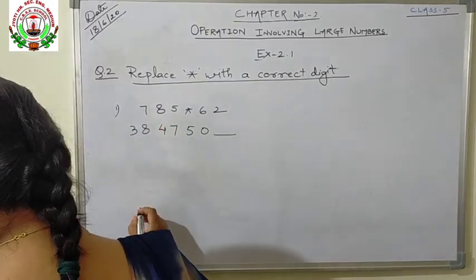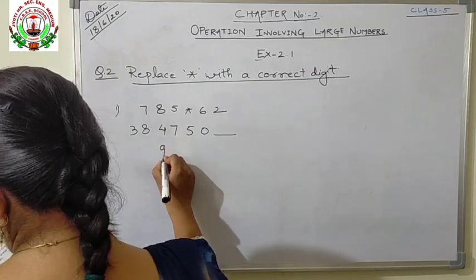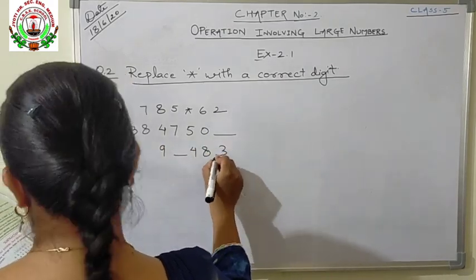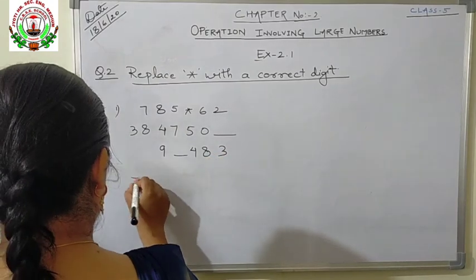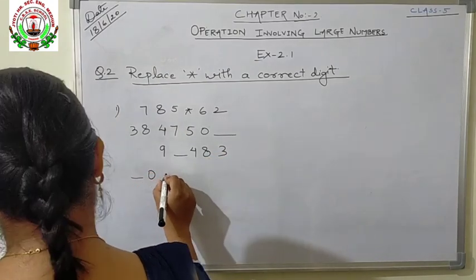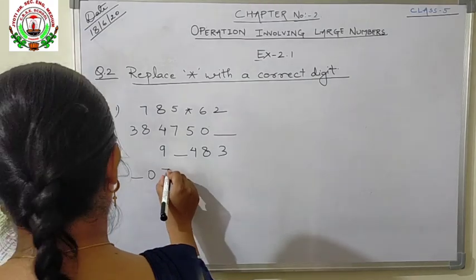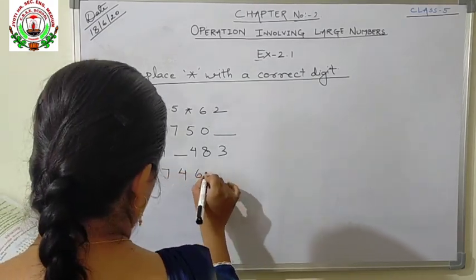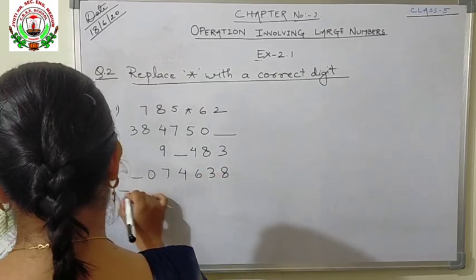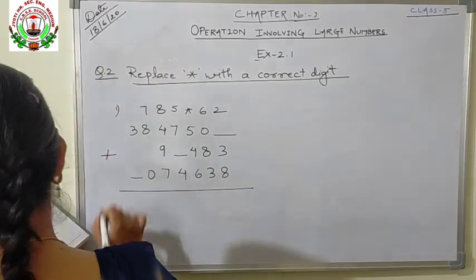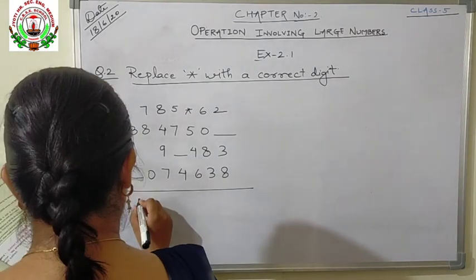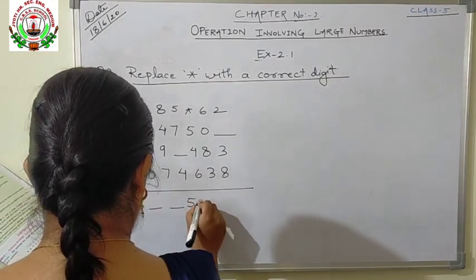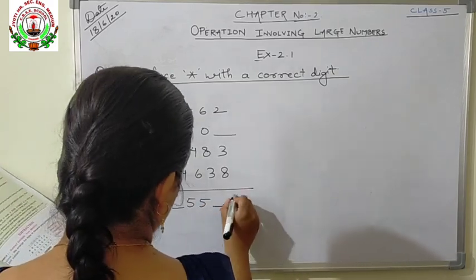Okay. 9 dash 4, 8, 3 dash 0, 7, 4, 6, 3, 8. You have to add this. Addition sign is given here. Okay. Here it is 8 dash 5 dash 9.